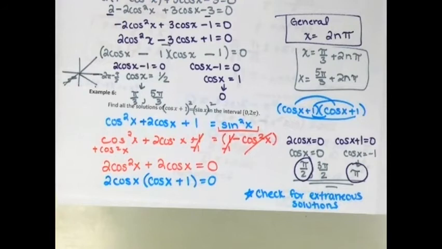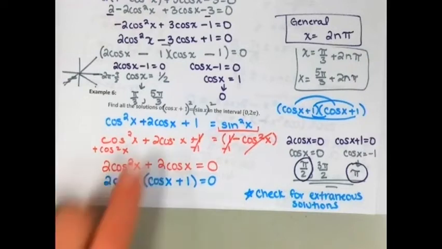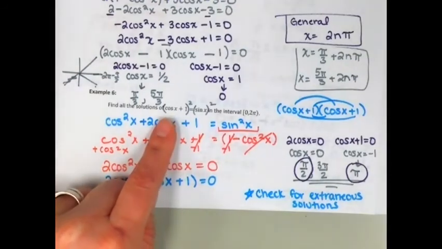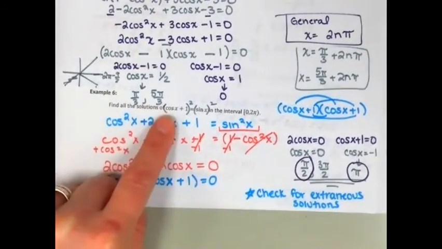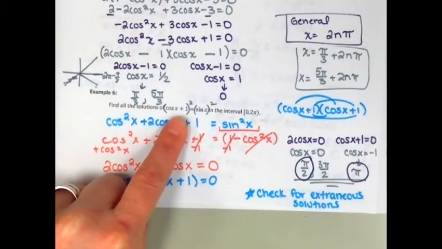As you plug in, you will find that pi over 2 works, pi works, but 3 pi over 2 does not work. Think about this: the cosine of 3 pi over 2 is 0. 0 plus 1 is 1.